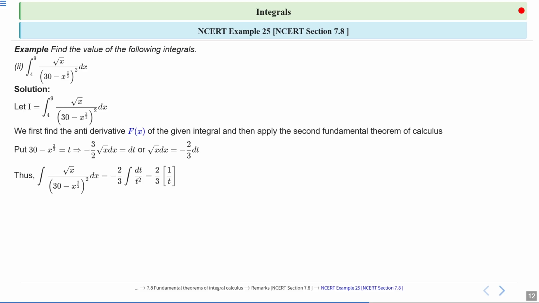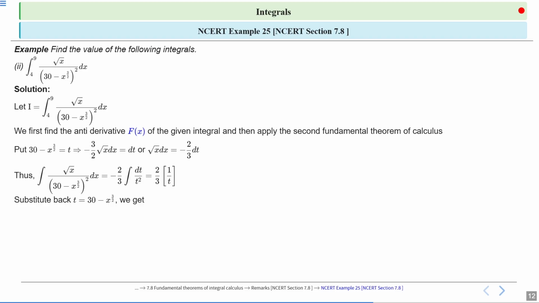So when we integrate dt by t square, it becomes t to the power minus 2 plus 1, that is minus 1, by minus 2 plus 1, that is minus 1. So we get minus 1 by t, and with the minus 2 by 3, the integral value is 2 by 3 into 1 by t.